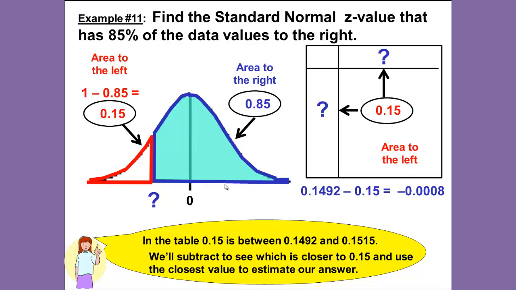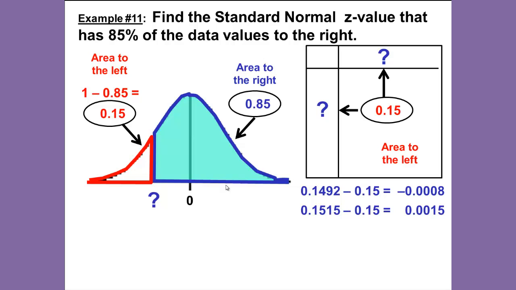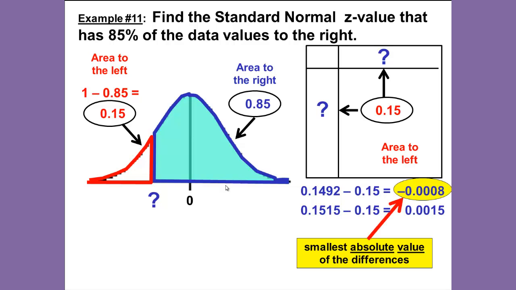0.1492 minus 0.15 equals negative 0.0008. 0.1515 minus 0.15 equals 0.0015. And again, we're looking for the closest value, whether it overestimates or underestimates.